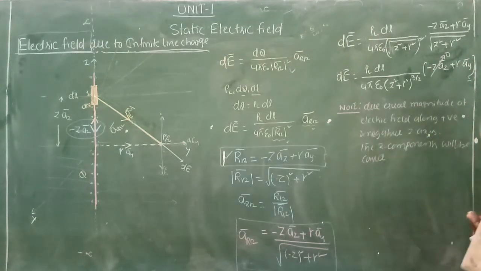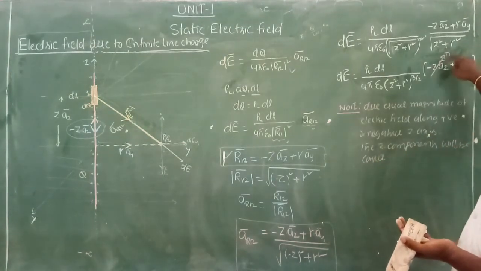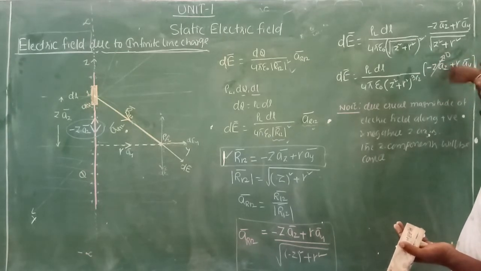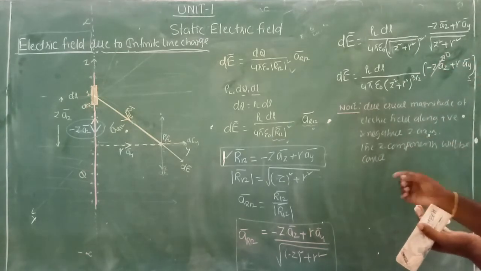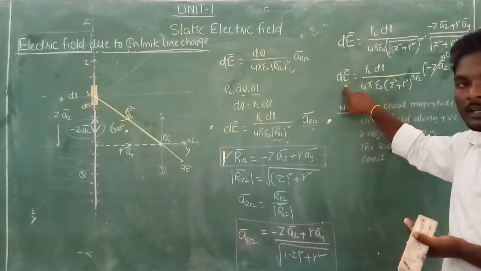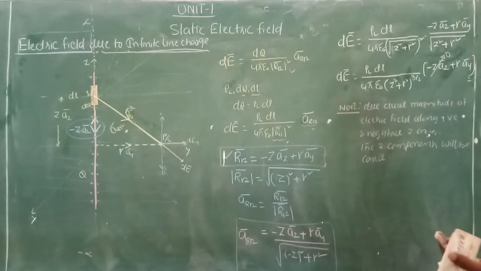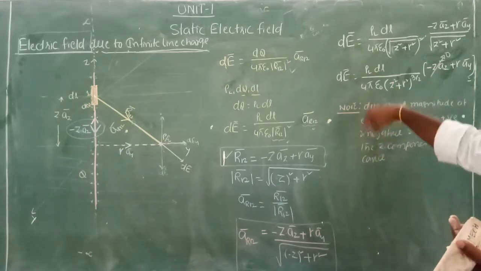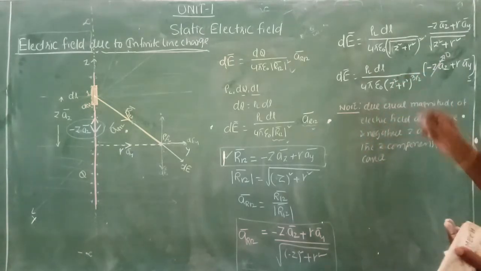Okay, now see, in my expression I am cancelling, I am making the z component equal to 0, and here there is a differential electric field, but you need only E bar. So how can you get E bar from dE bar? By doing integration on both sides.